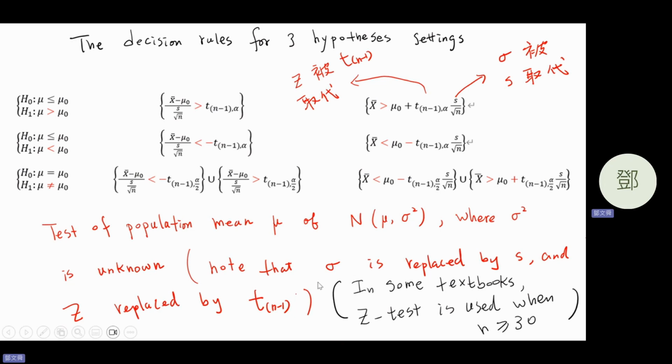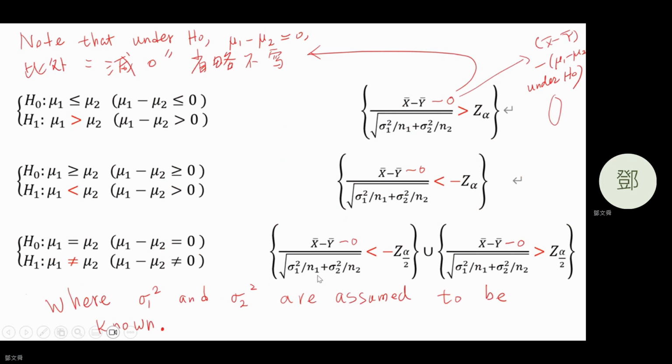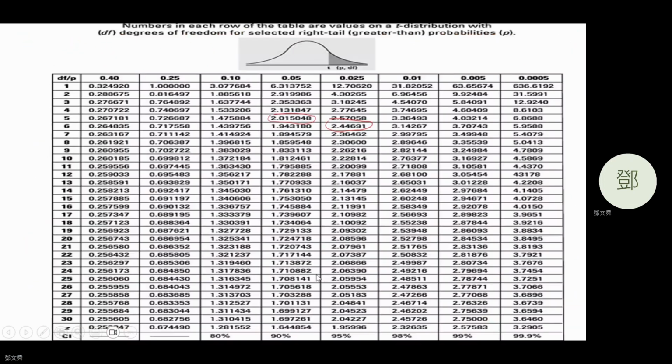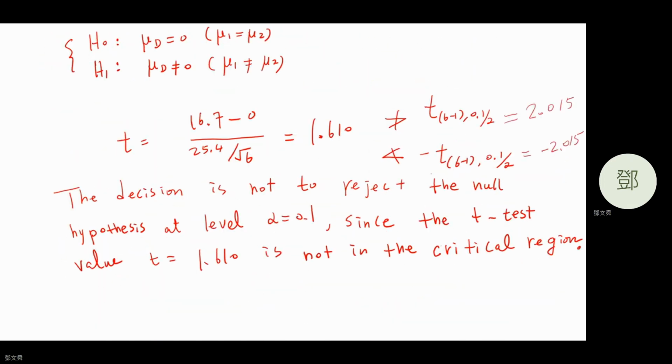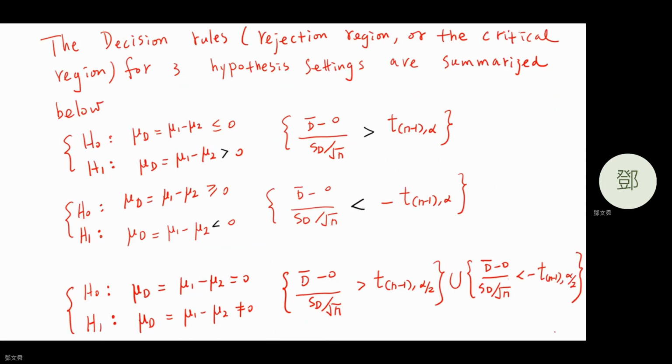Mu d here under the null hypothesis is 0. So you see that it was mu 0 here, but in this t-test, we replace mu 0 by mu d under the null hypothesis.